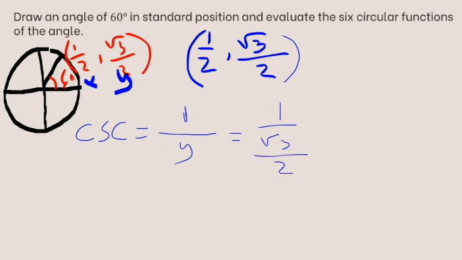So again, change the division into multiplication and reciprocate the denominator to simplify. So 1 times 2 over square root of 3. Therefore, our cosecant is 2 over square root of 3. Is this our final answer?